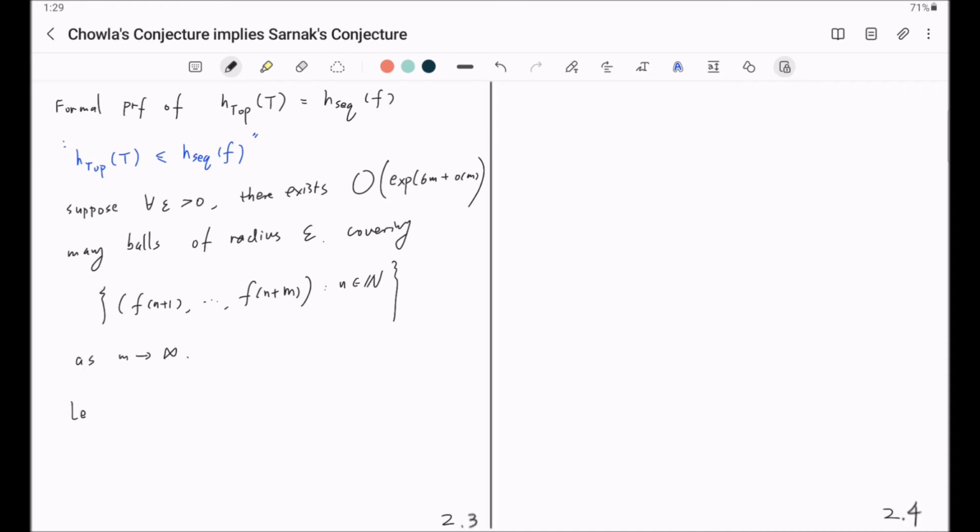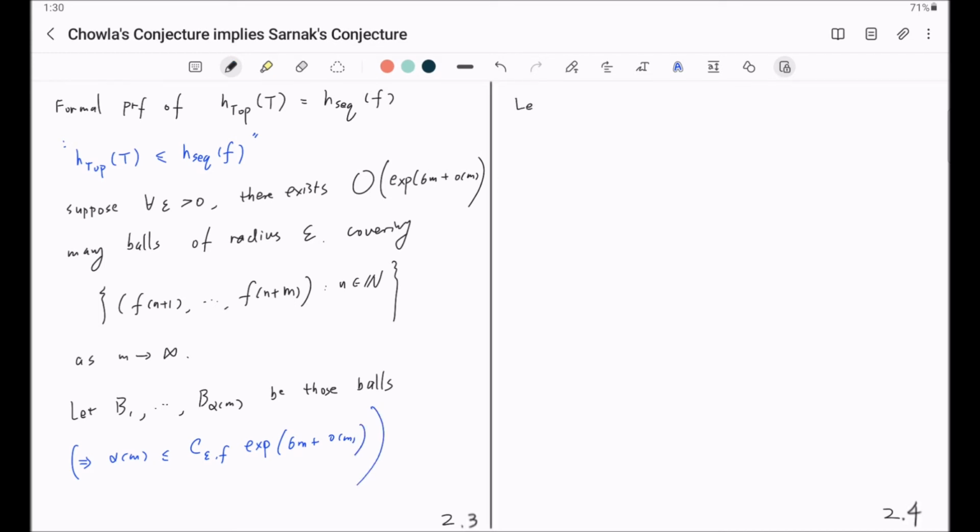Now let B1 through B alpha of m be those balls. So it follows that alpha of m is less than or equal to some constant c that depends on epsilon, f times the exponential of this.